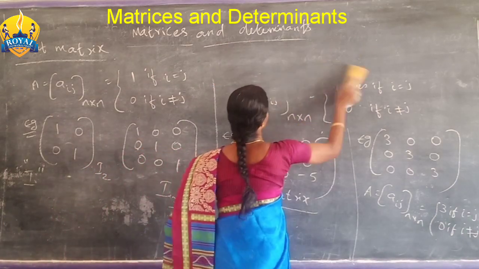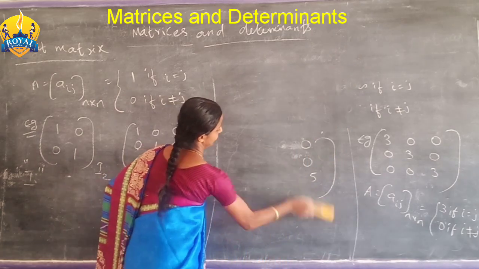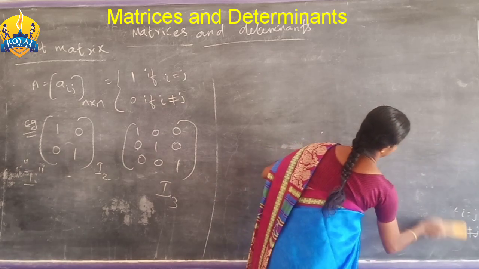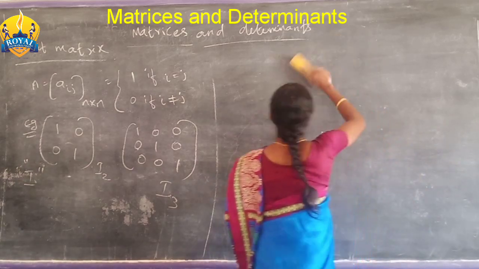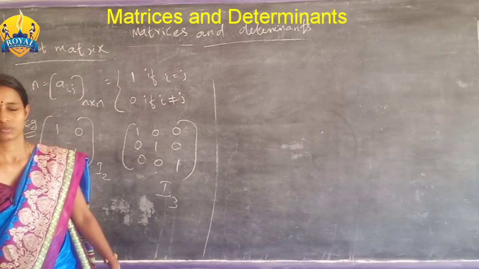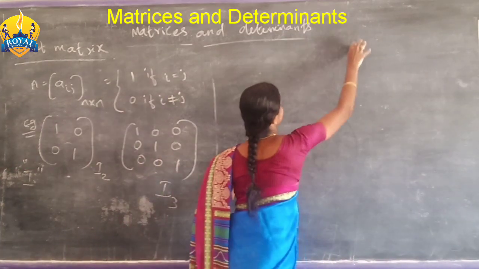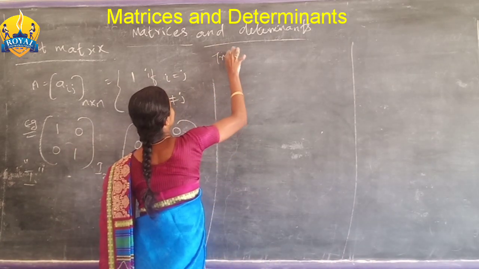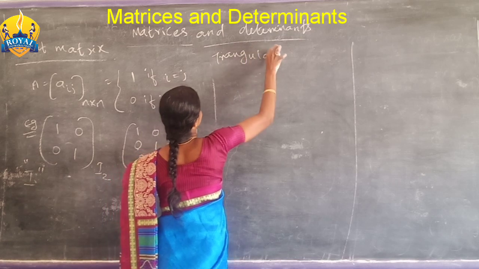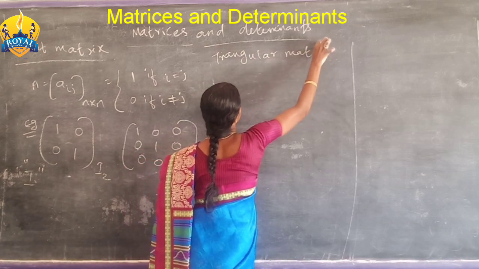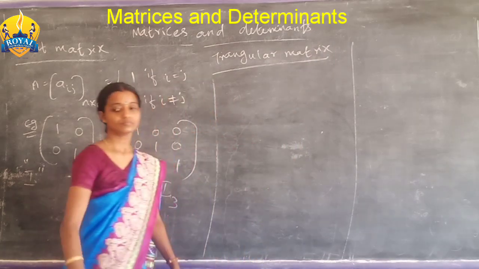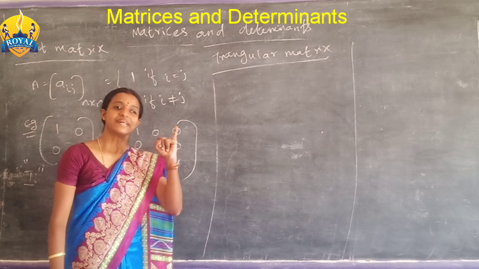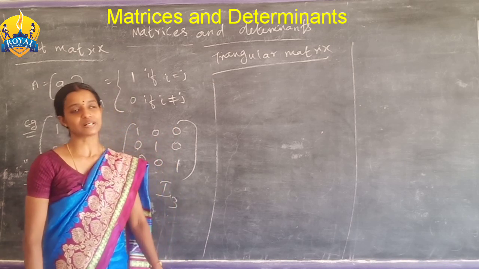Now next, what is a triangular matrix? We have two types of triangular matrix: upper triangular matrix and lower triangular matrix.